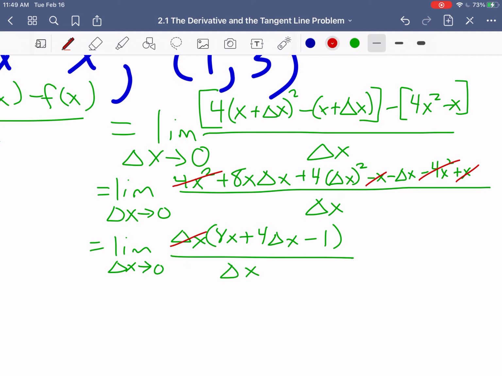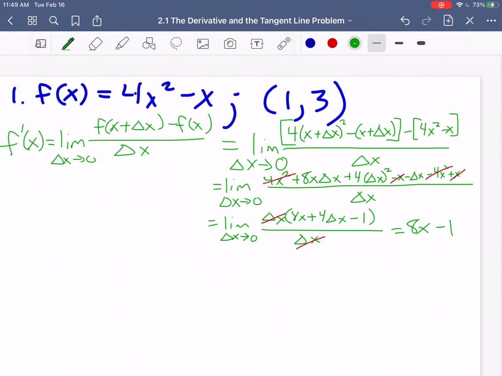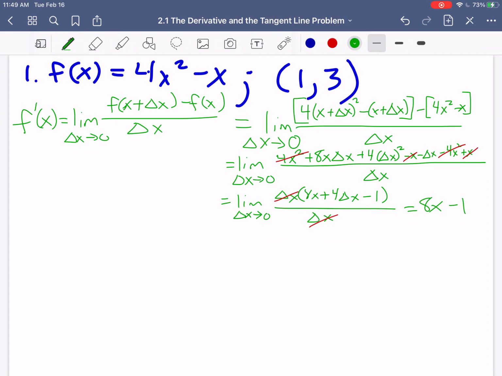So our delta x on top and bottom will cancel with each other. If we do direct substitution at this point, we get 8x plus 4 times 0, so we don't need to write that term, minus 1. And that is our derivative, f prime of x is 8x minus 1.